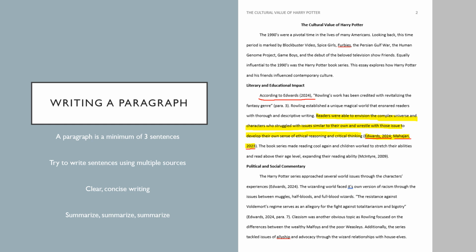We don't do that. You just say according to Edwards, because if I want to know who that person is, I'm going to go to your references page. That's my job as the reader. If I want to know really who it is, then I'm going to go find the information. Okay, so again, short and sweet.